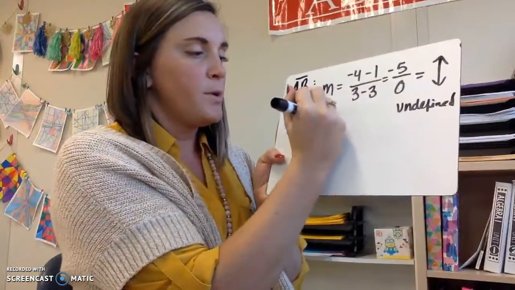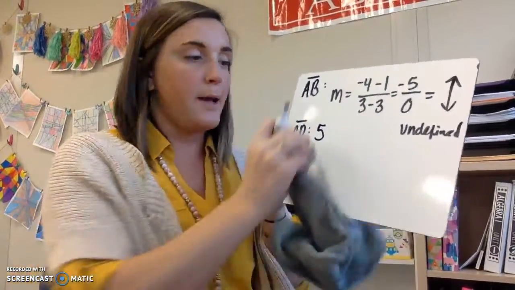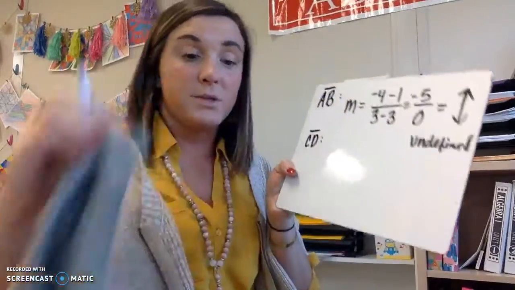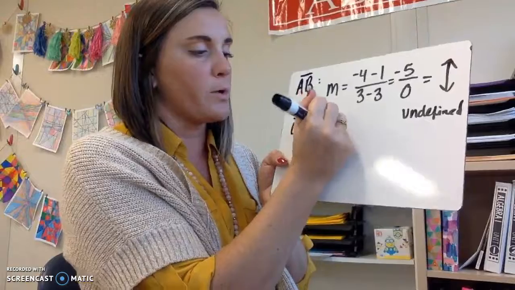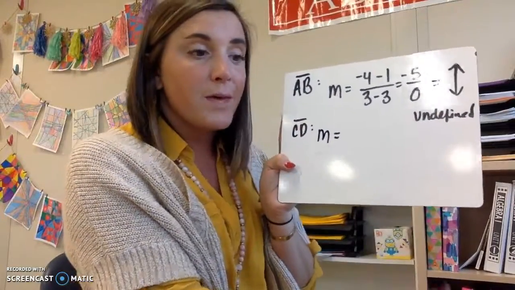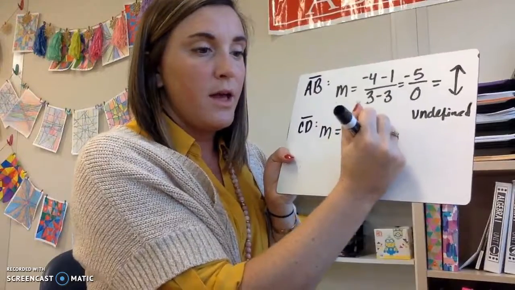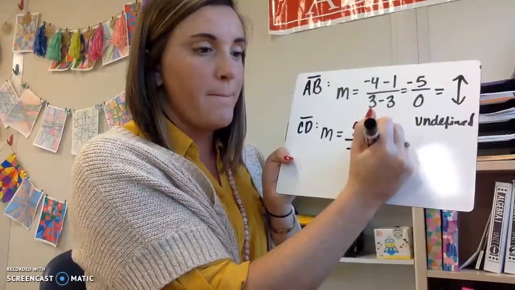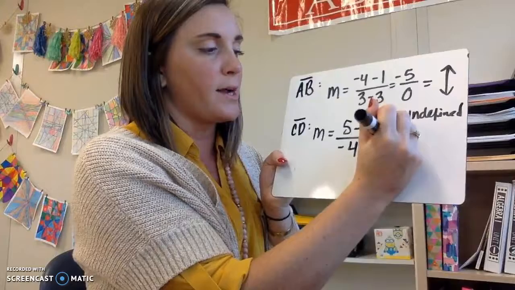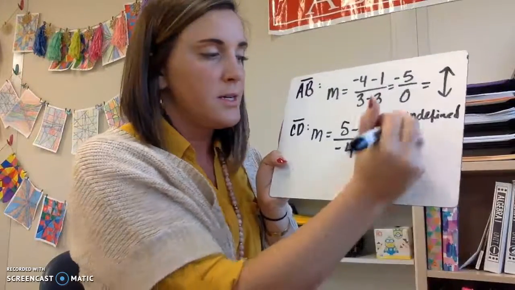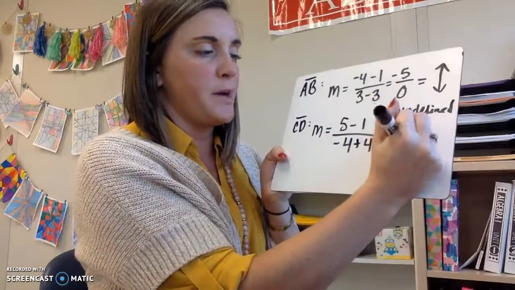For CD, I'm going to set it up right and write m equals, just because we've been doing so well about keeping our work organized so far. m equals y2 minus y1 over negative 4, which is x2, minus a negative 4 for x1. So that's going to become plus. That gives me 4 over 0.